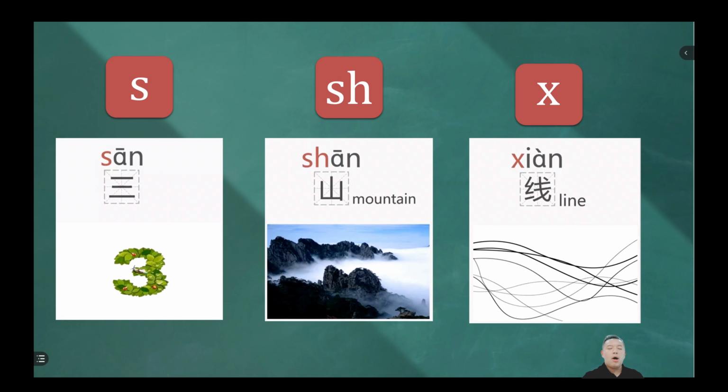However, 西 here, you should not touch anywhere, either your teeth or your hard palate. Just make sure it's held in the middle of the air in your mouth. 西 线.